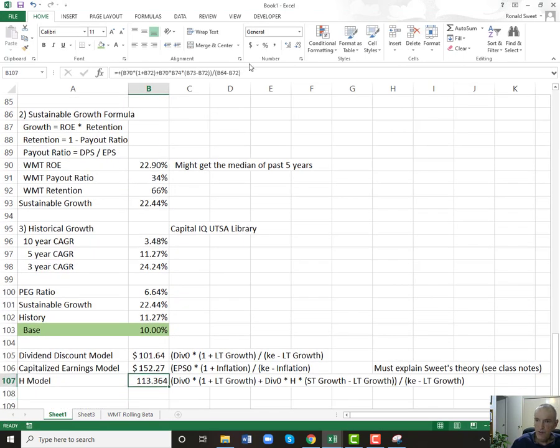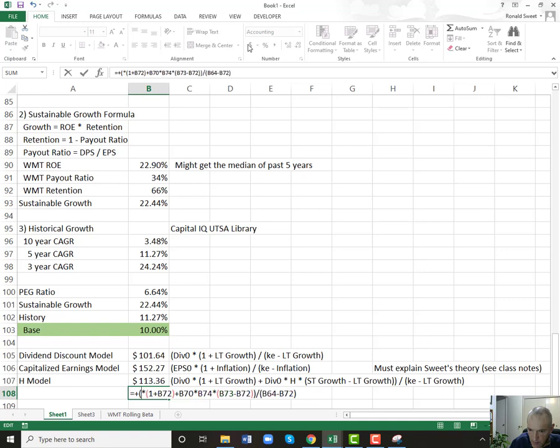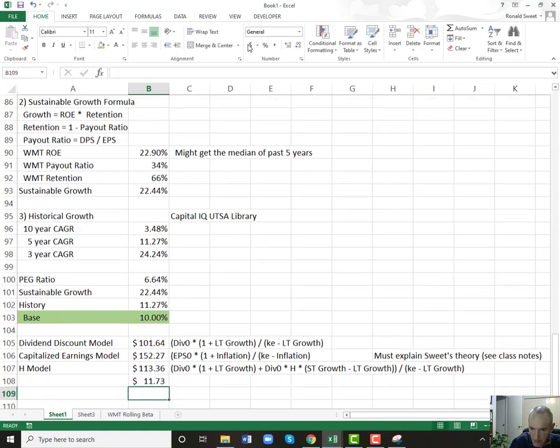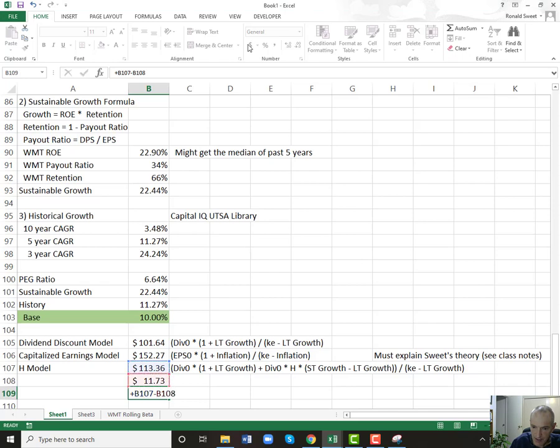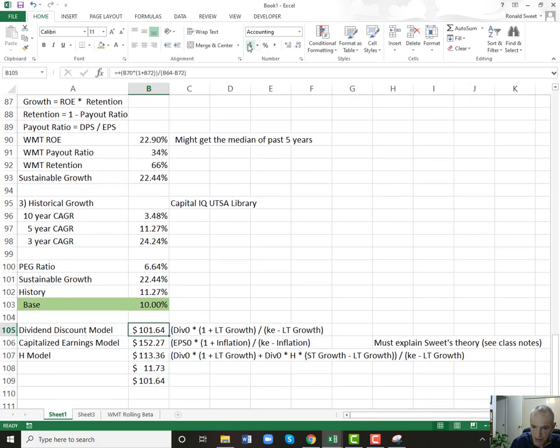We get 113, and we can check this. If you take this formula and bring it down, we know that the difference between the dividend discount model and H model is just this middle section here. So if you just leave that middle section all by itself, that difference should be the difference in the two models. So if you take the H model minus that difference, you should get the dividend discount model, and sure enough, we do.